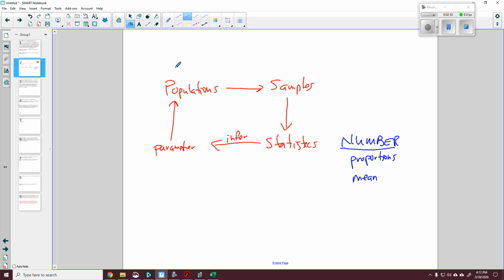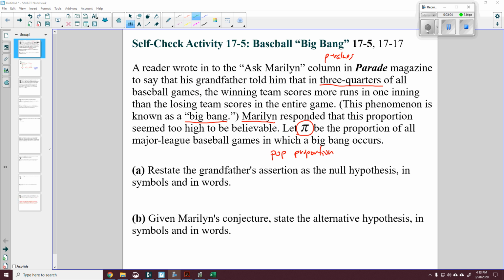So we start with the population, we take a sample, we do it randomly, we do all the proper steps to make sure that there's no bias involved in our sample, and then our samples produce statistics, which are numbers, and if we've done everything right, then we can say, well, based on these statistics, the parameter for the entire population is such and such. So just a little background vocabulary there.